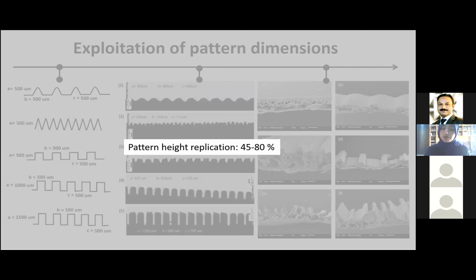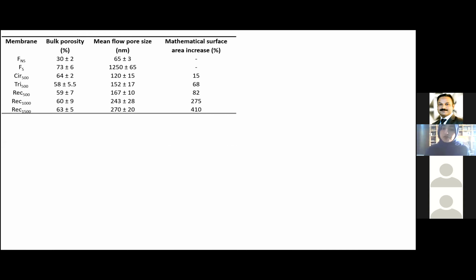Further characterization of these membranes showed higher bulk porosity, mean pore size, and higher surface area for the patterned membranes as compared to the flat membranes, and specifically it increased with increasing pattern height.